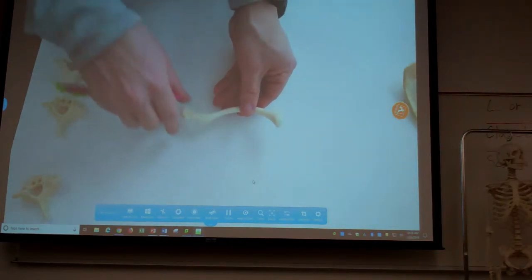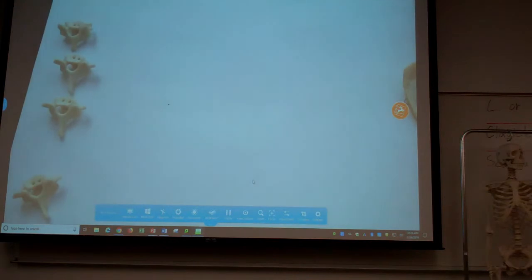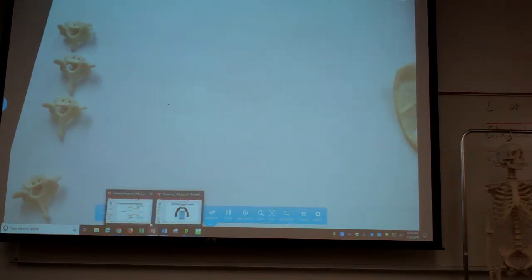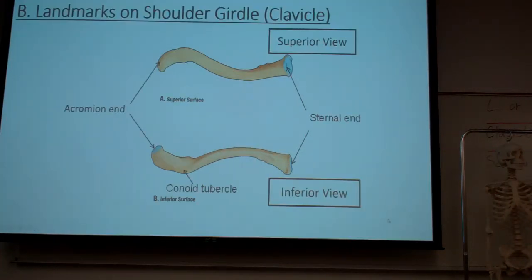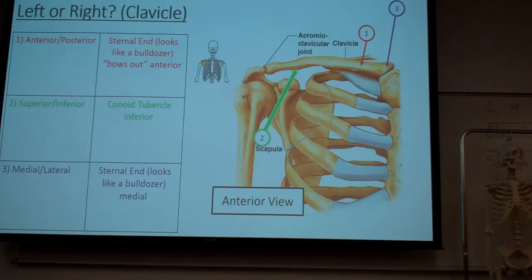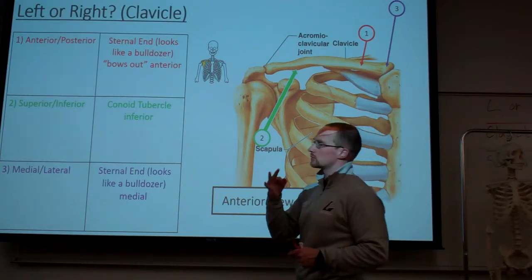Where this gets important is understanding left from right. So far, the bones we've talked about, there's only one set of them. But now we start talking about the left and the right side of the body. When we're trying to figure out which side of the body this clavicle is from, you need three parts.